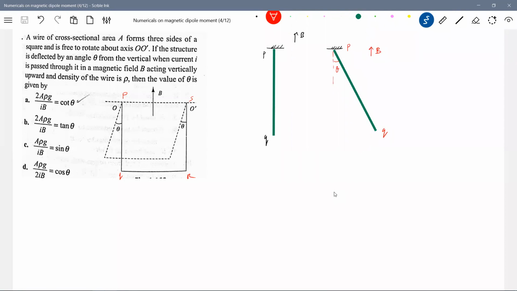So how is it possible? I'm going to pass a current. Let's not bother how that current flows; there is some mechanism here. I'll connect a battery, and a current I will flow in this direction.